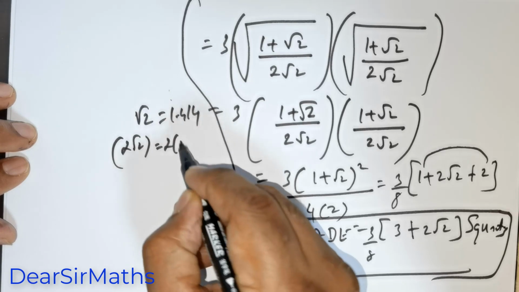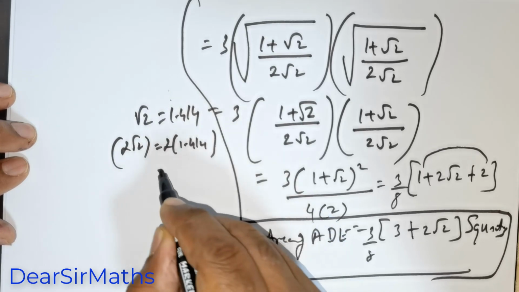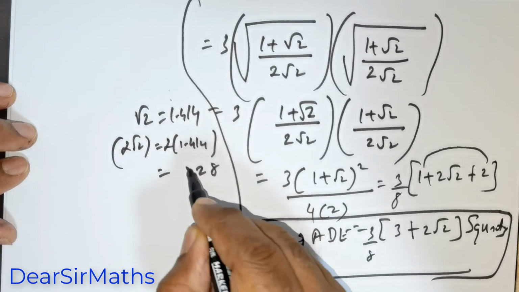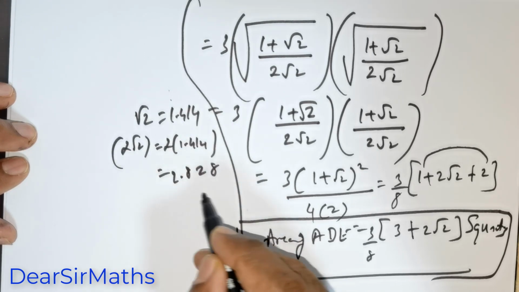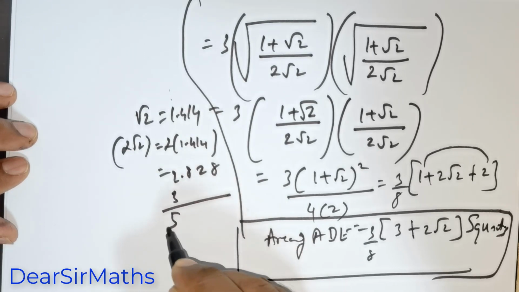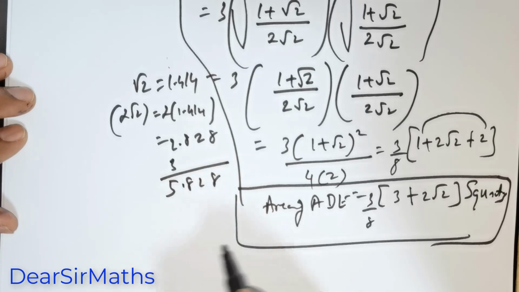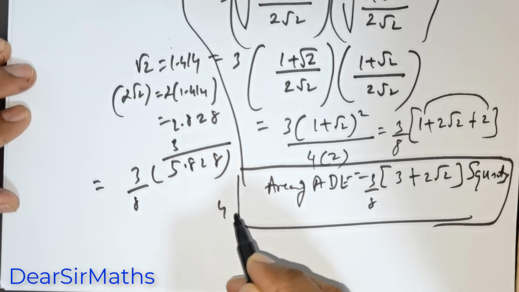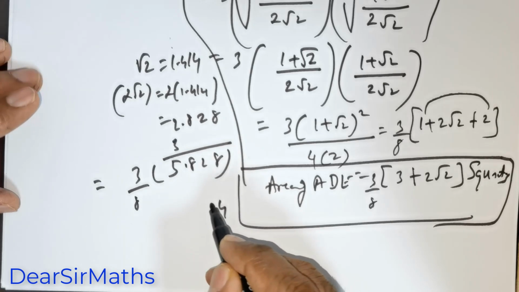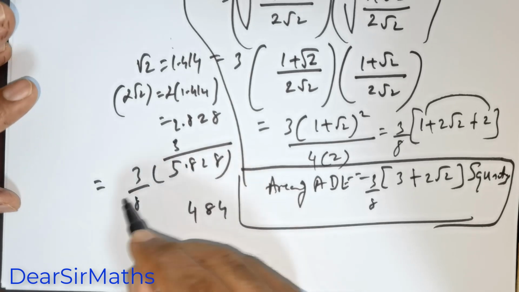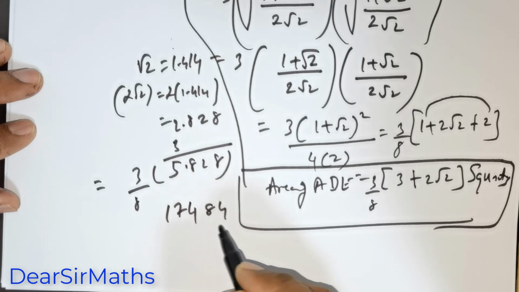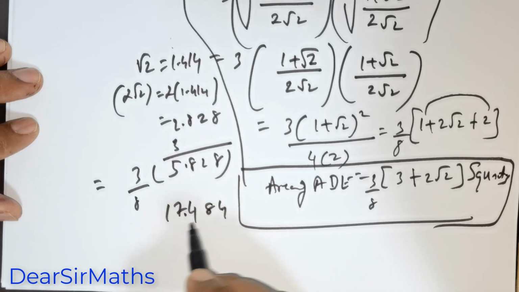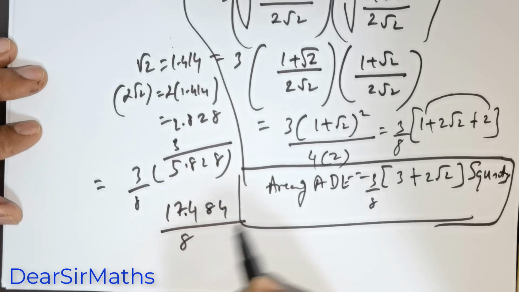That would give me 2 times 1.414, which is 2.828. You add 3 to it, that's going to be 5.828, and then you multiply by 3 and divide by 8. That gives 17.484 divided by 8.